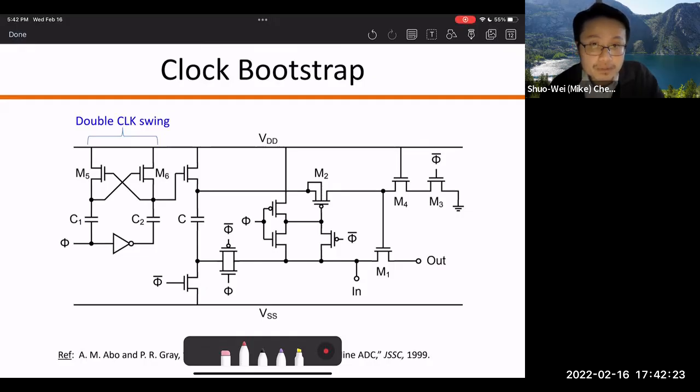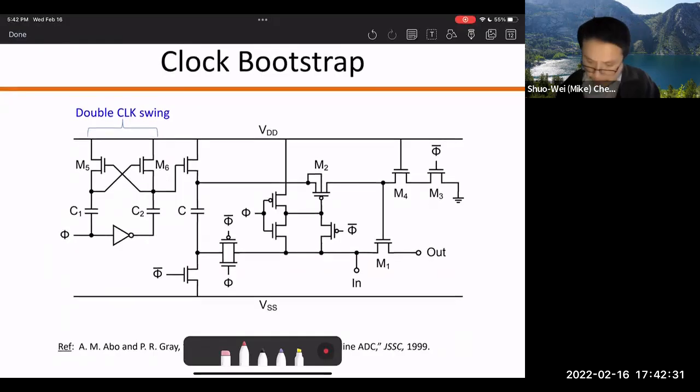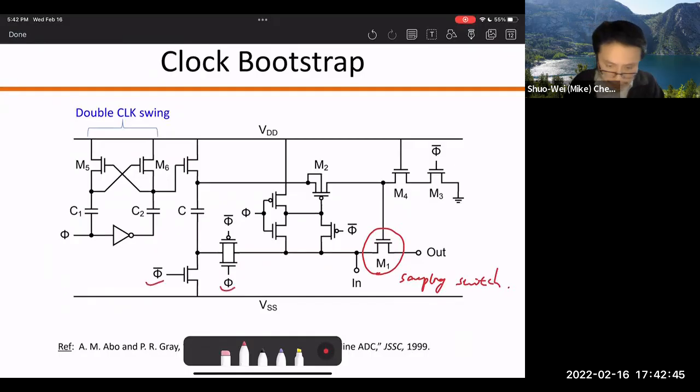So I'm using this as an example. Here you can see, first of all, this is your sampling switch, M1. And you notice that there are two clock phases, phi and phi bar.